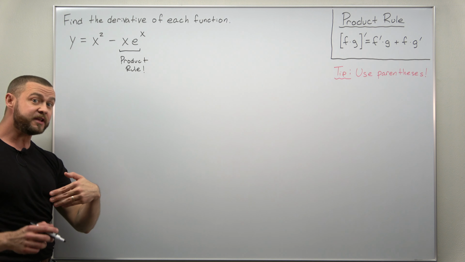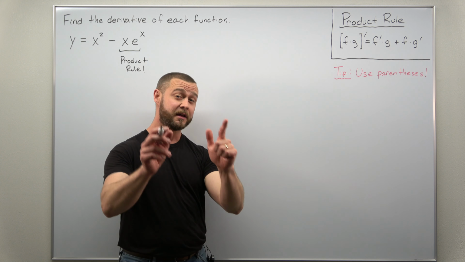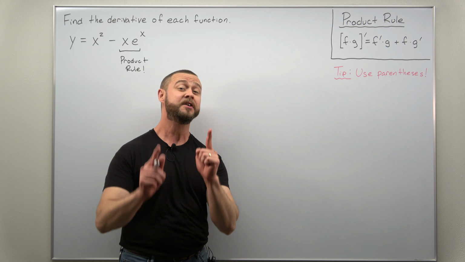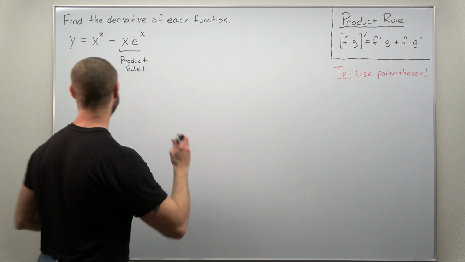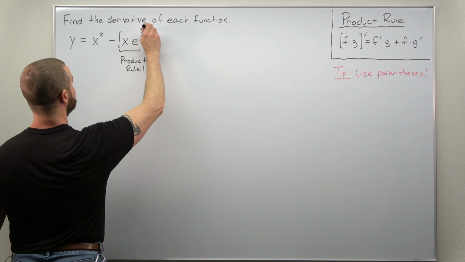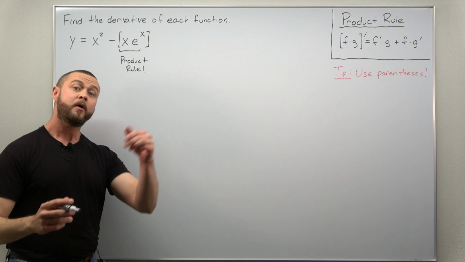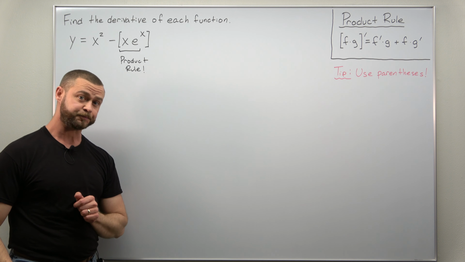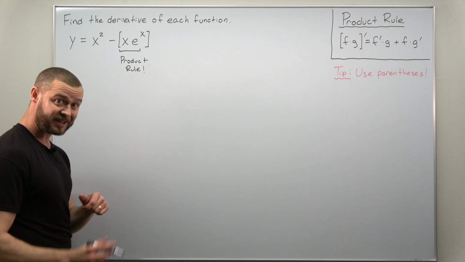Now, the way we usually fix those sign errors is with the greatest tip in the entire calculus sequence: use parentheses. So let's go ahead and put them in right from the beginning. You can put a set of parentheses or brackets around the term on which you're applying the product rule. All right, now one part of this function is really easy to differentiate.